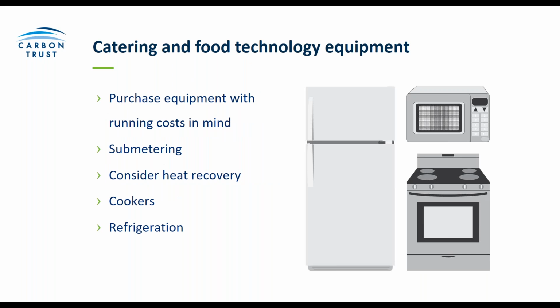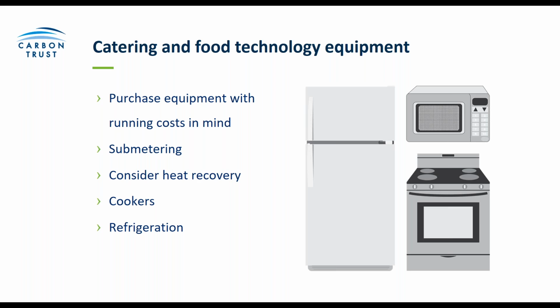The next thing that we tend to look at in schools would be the energy used to power things like catering equipment. So again, just a quick checklist of things to look at here that could potentially save on the energy use and the running costs.